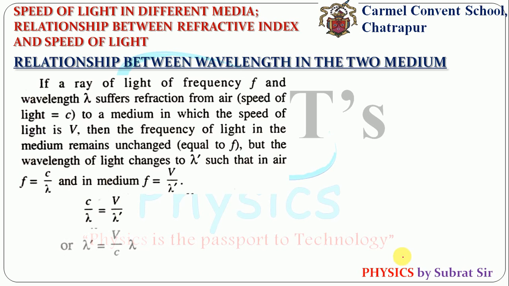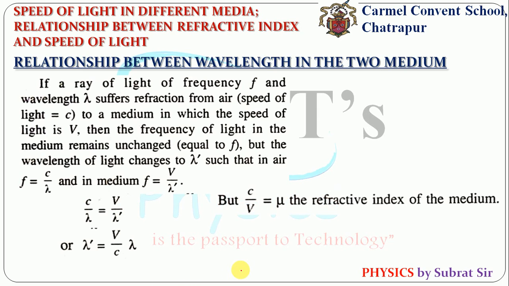We can equate these two, then lambda dash is equal to v by c times lambda. But we know c by v is equal to mu, which is the refractive index of the medium.